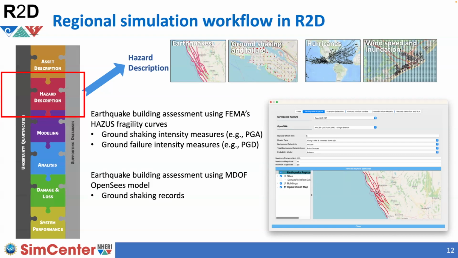And if you want to perform time history analysis using OpenSees, you will need the ground motion records. You can select ground motion records using R2D, the same toolbox. And a better way, maybe, is to download some regional ground motion records from physics-based ground motion simulation databases and import them in R2D and do the subsequent analysis.